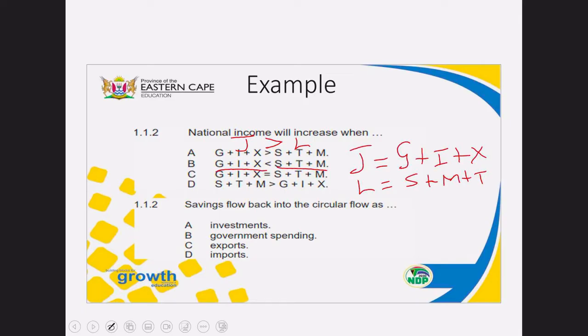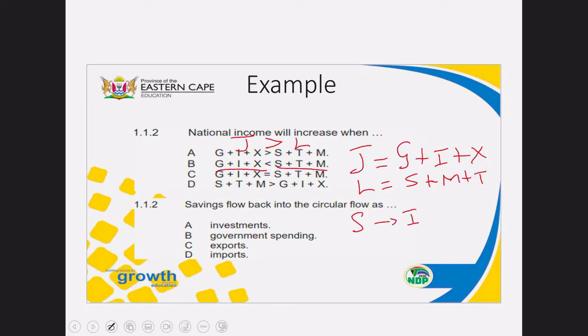Now we come to another example. Savings flow back into the circular flow as one of the following. You are given different examples there. Now that we have talked about our injections and our leakages, if we talk about our leakages, you've got your savings. How do they flow back to the local economy? Your savings will flow back in the form of investments.